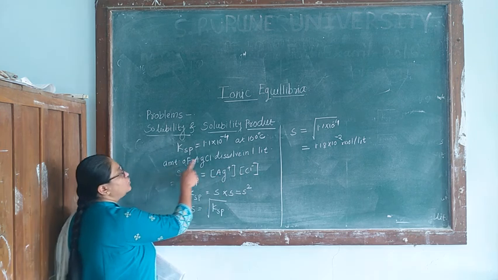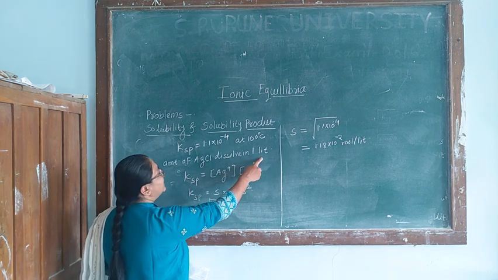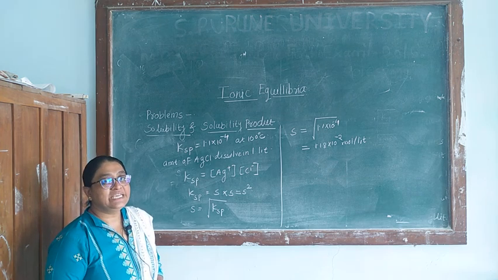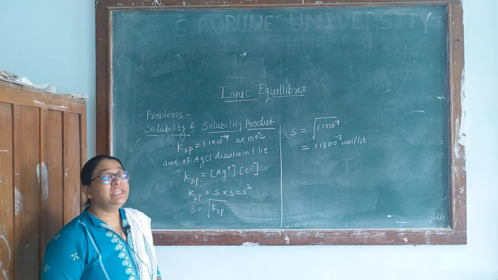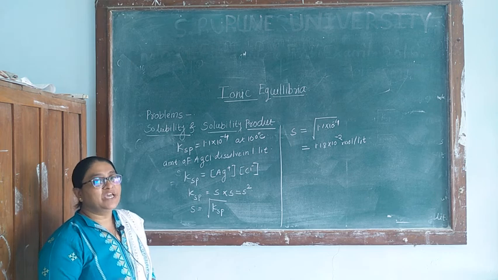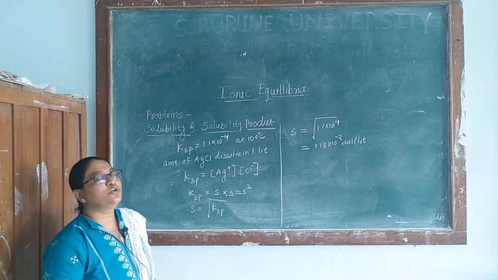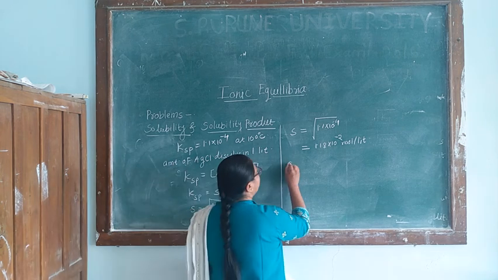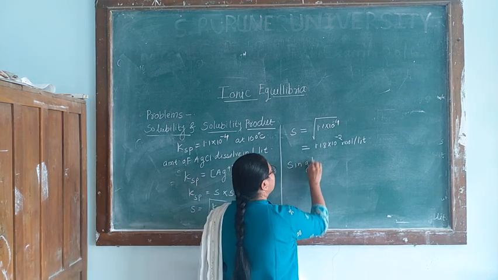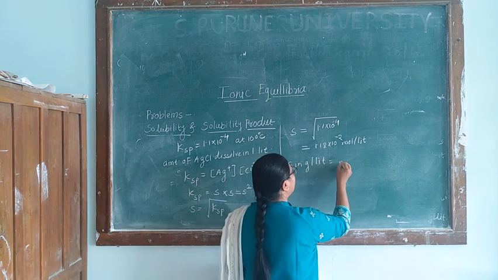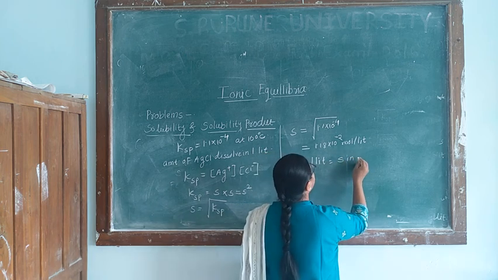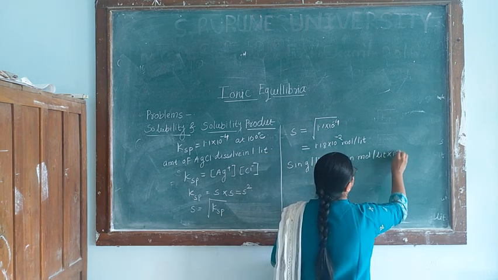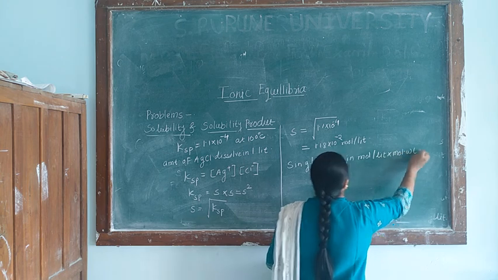We have been asked the amount of silver chloride dissolved in 1 liter. That means we have to express the solubility in grams per liter. How many grams of silver chloride will dissolve in 1 liter of water at 100 degrees Celsius? So to calculate it, we know the formula: solubility in moles per liter into the molecular weight of silver chloride.